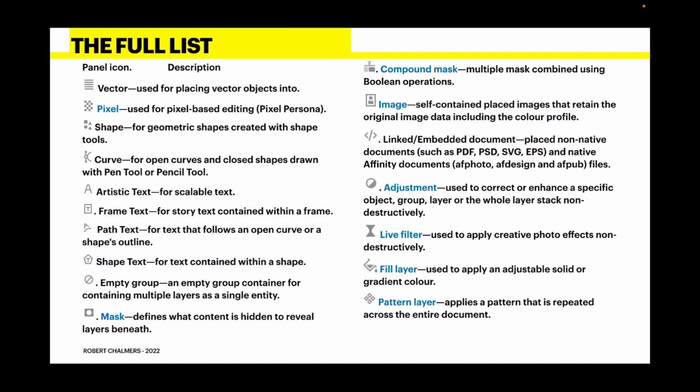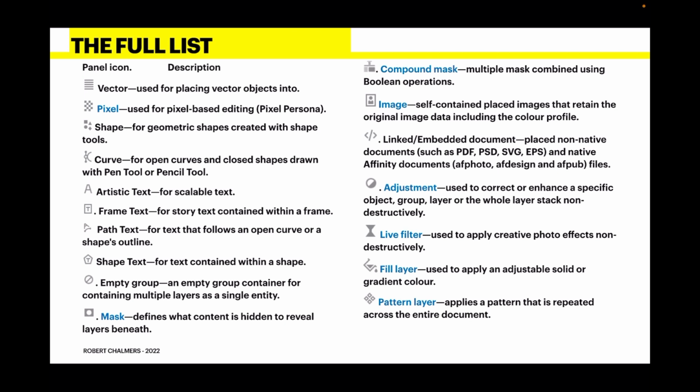You can see the most important ones possibly are at the start. Vector, used for placing vector objects into a pixel layer, and that's the one we were looking at before. Pixel, for pixel-based editing, a shape, a curve, artistic text, frame text, path text, shape text, empty text, mask, compound, and image.